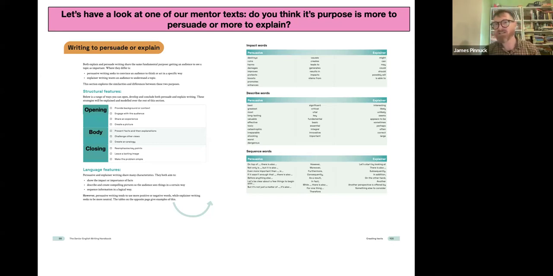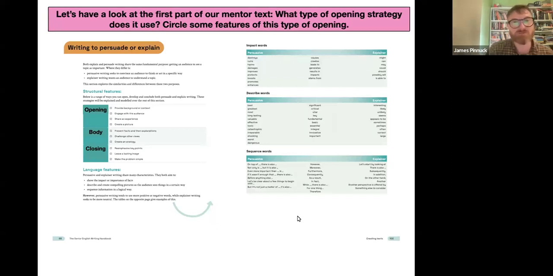On the right-hand side is the type of more neutral language that explainer writing often uses because it's trying to present information, not to form your opinion about how you should think positively or negatively about that, but just to help you understand what it means so you can make up your own mind.